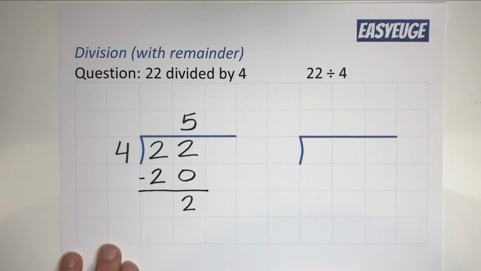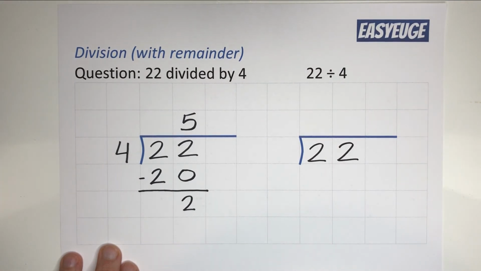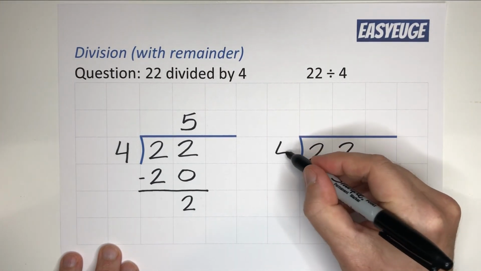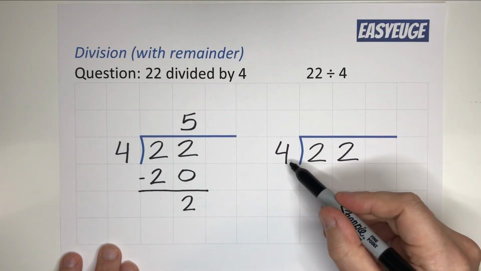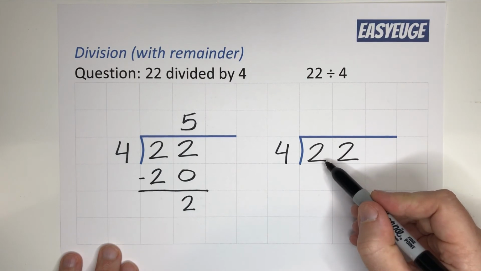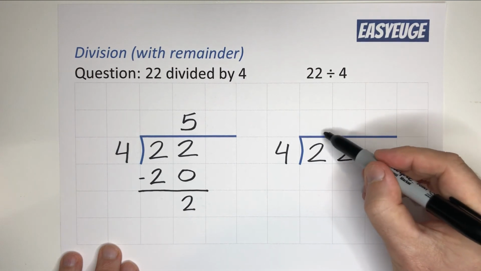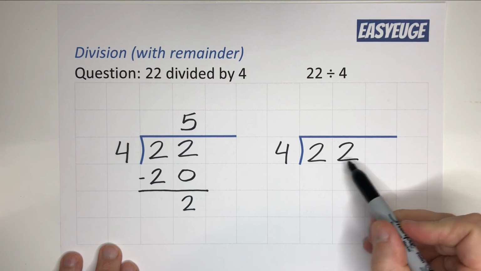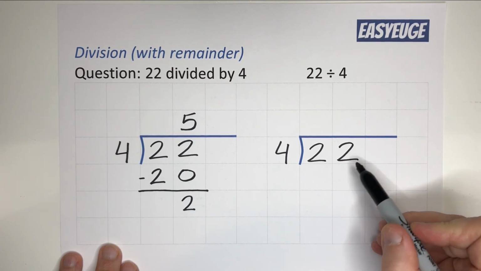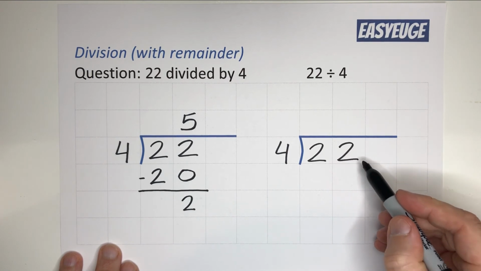So let me show you that again with the bus stop division method. Let's write down the number 22, and we will divide by the number 4. How many times will the number 4 go into the number 2? Well, it doesn't. So that's blank. We'll leave it up there as a blank. So let's move over and pick up the next number. This becomes 22. How many times will 4 go into the number 22?